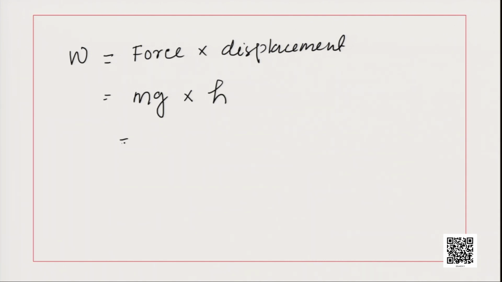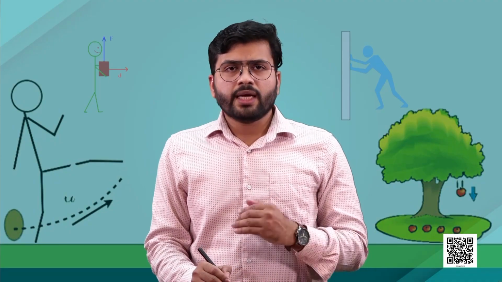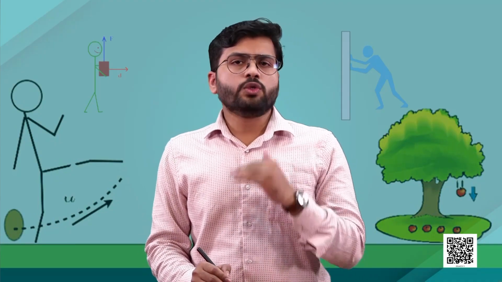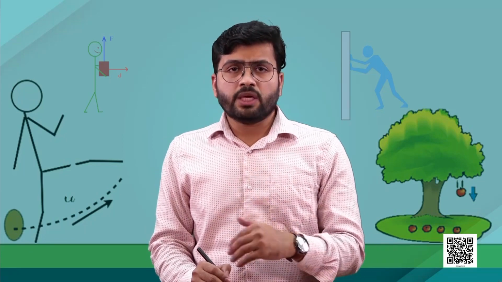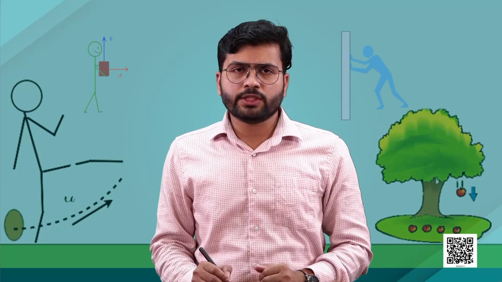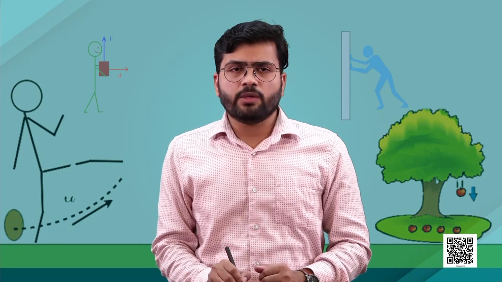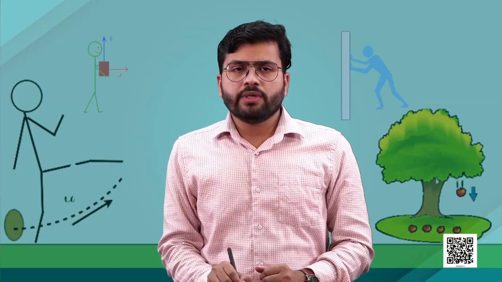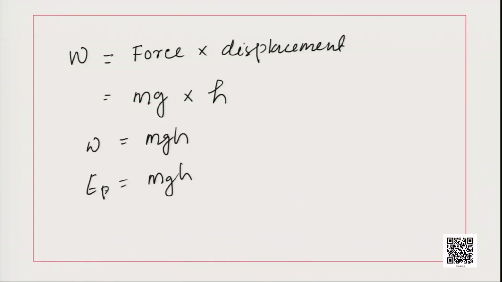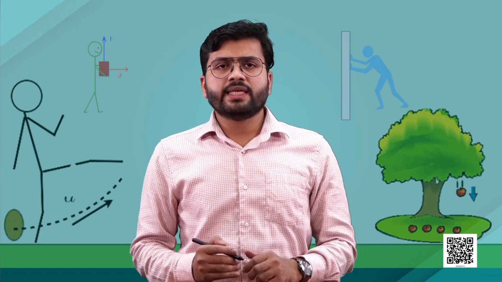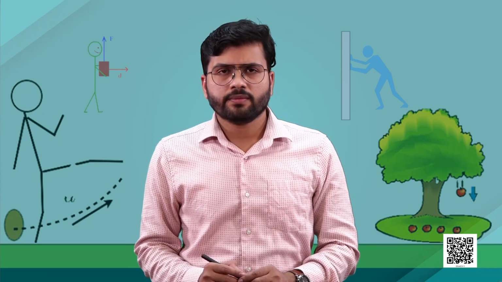That gives us W equals mgh, which is the work done in order to raise that object from the ground to that particular height, that is, the work done through that displacement h. So, the potential energy E_P is nothing but the work done, mgh. This is the expression for the potential energy when an object is raised to a certain height.